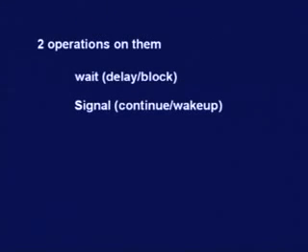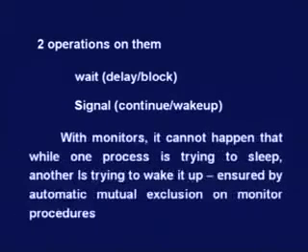Like a semaphore, there are two operations on the condition variable. There is a wait operation, which basically delays or blocks the calling process, and the signal operation, which wakes up or continues the process.